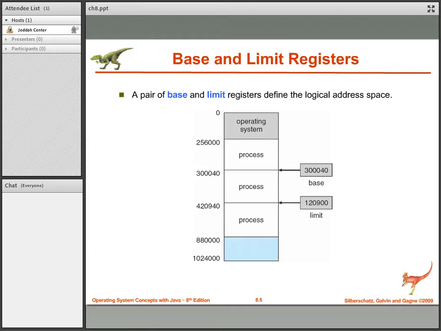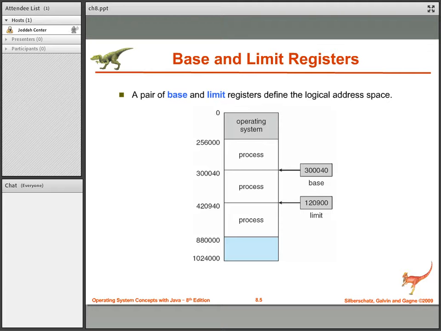If you look at this diagram depicting a portion of the main memory, it shows a portion of the main memory containing the operating system, as well as some of the processes that have been brought in from the storage medium to be processed by the CPU, and therefore they have to be brought in first into the main memory.